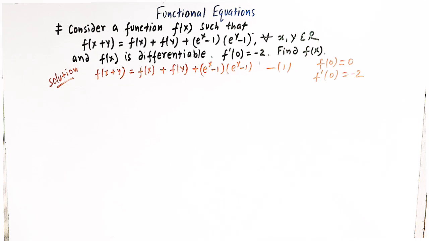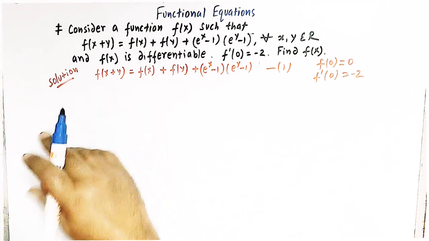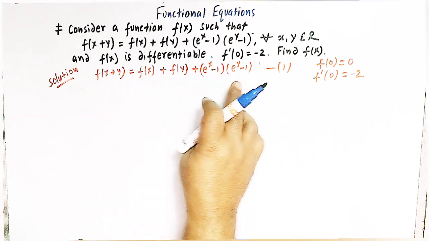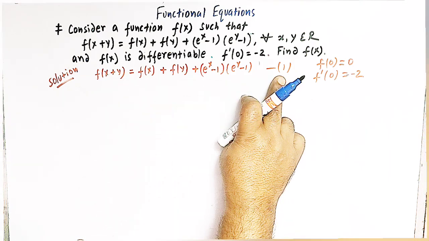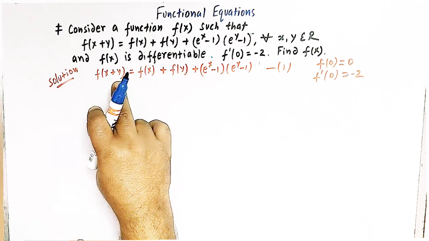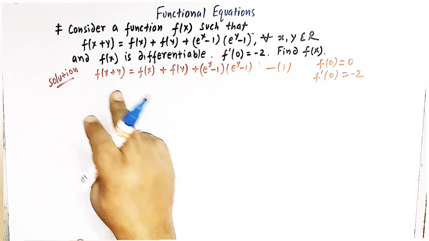Now the second step is to make use of the concept of partial differentiation. Let us differentiate equation 1 partially with respect to x. It means we have to keep y as constant.